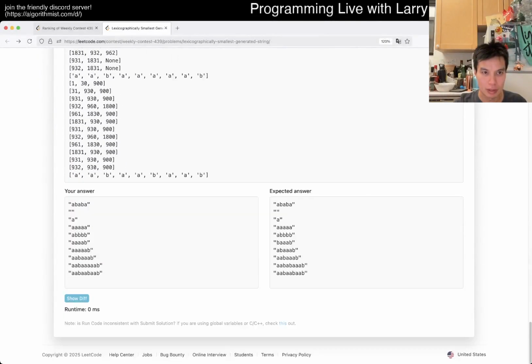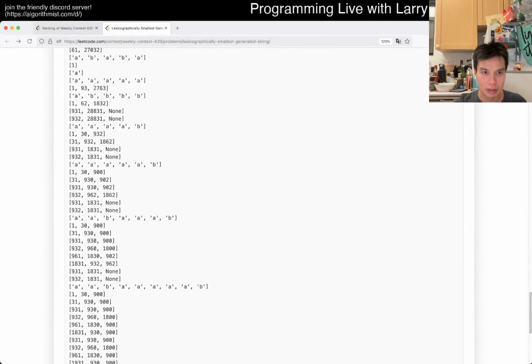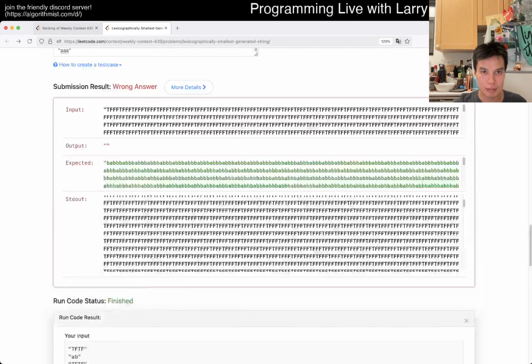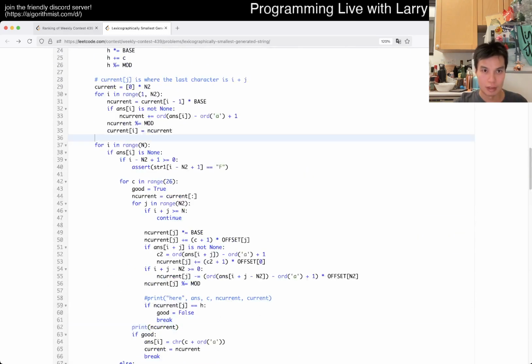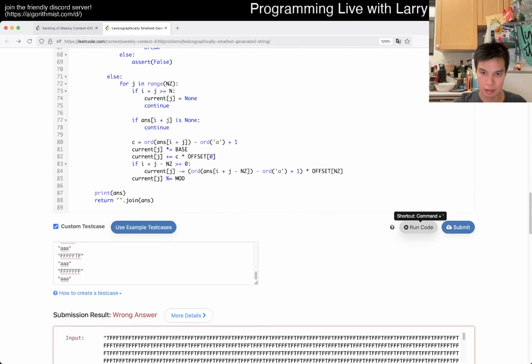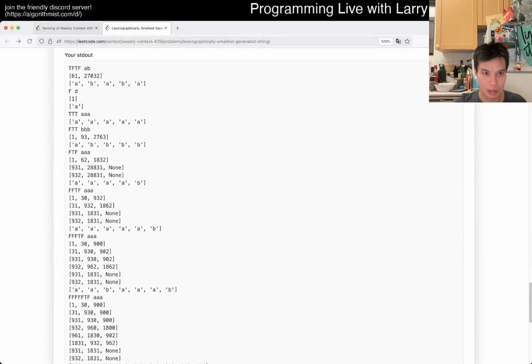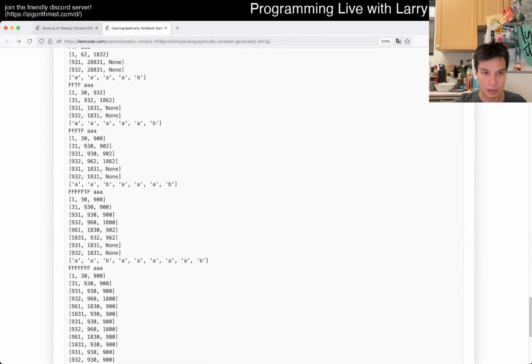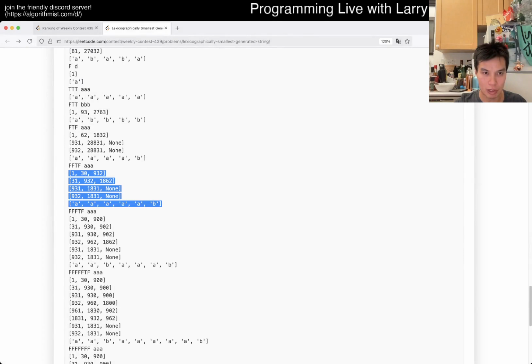Okay. Let me also just print out, just for debugging printing. Okay, so then now here, okay, so this one is wrong.